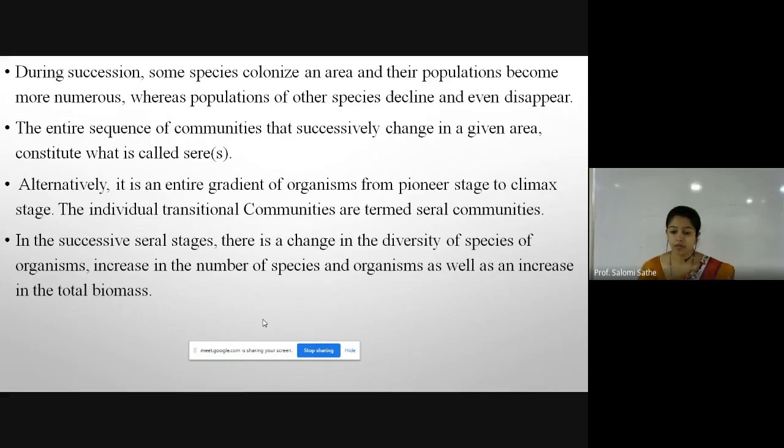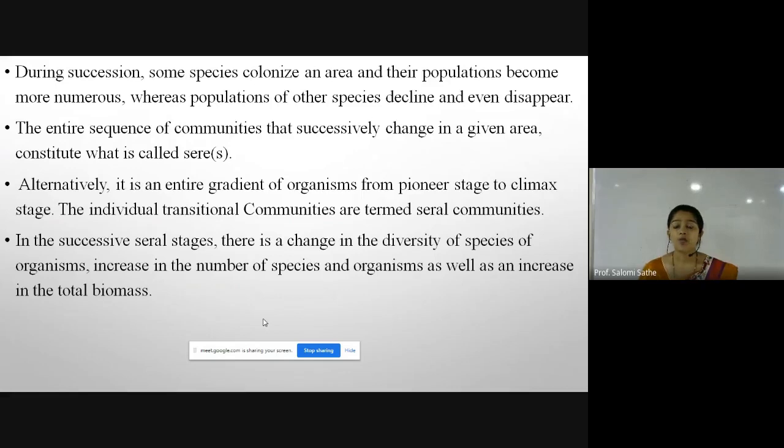Okay, the seral community we are going to study in the next lecture. Alternately, it is an entire gradient of organisms from the pioneer stage. Pioneer means they are dependent on a particular organism. Here the basic or main example is the lichen.